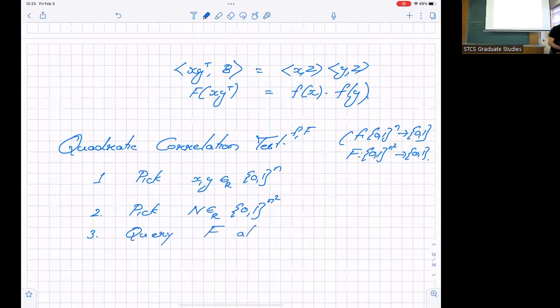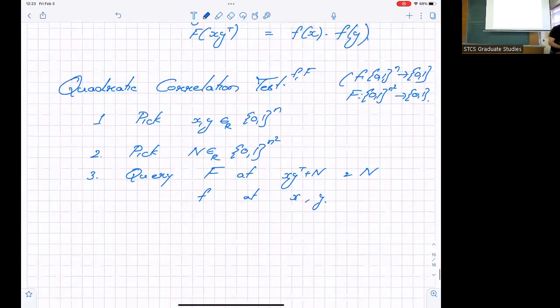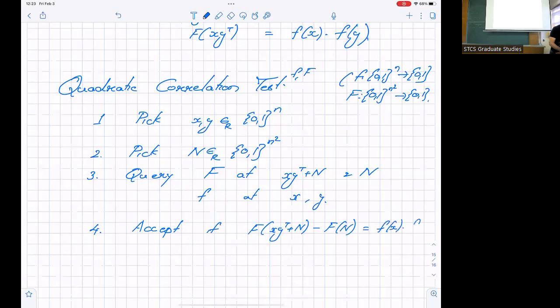Query F at xy transpose plus N and small f at x and y, and accept if F of xy transpose plus N minus F of N equals f of x times f of y.